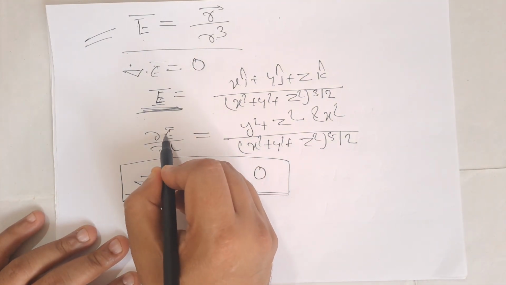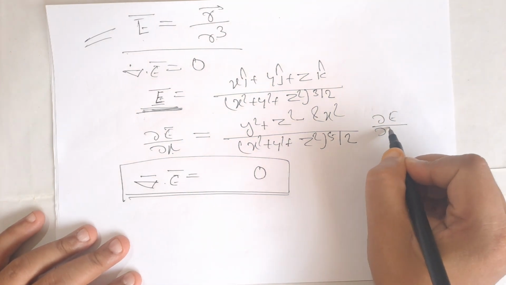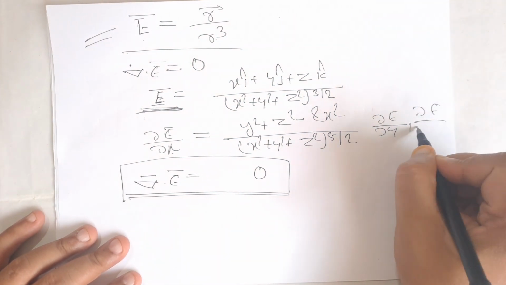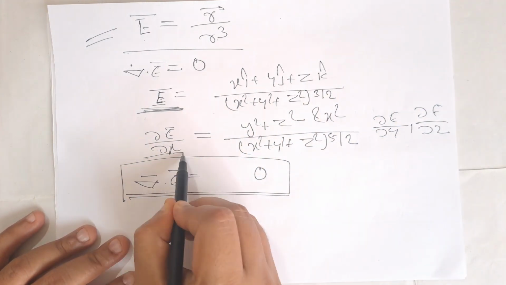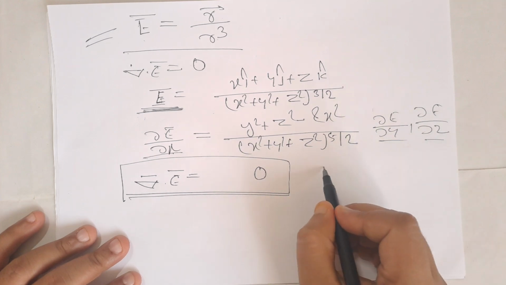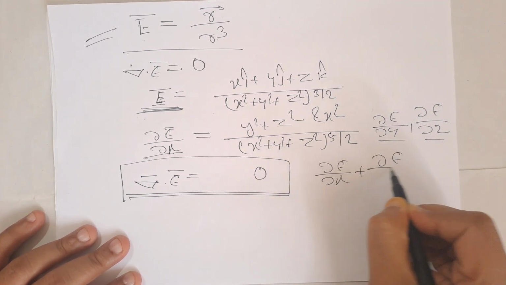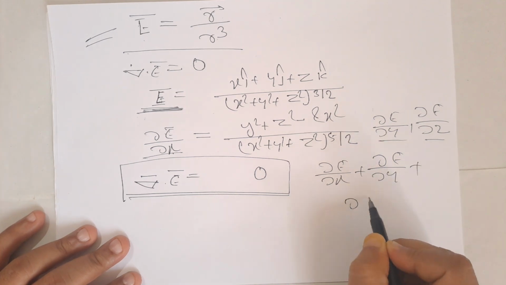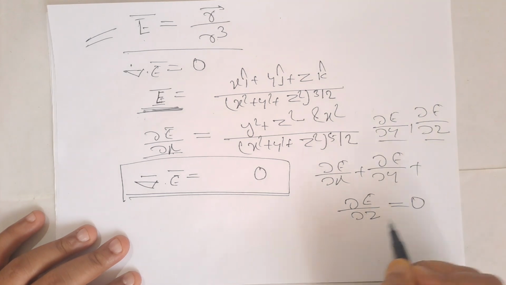After finding del E by del x, del E by del y and del E by del z, and summing these components, del E by del x plus del E by del y plus del E by del z will be 0.